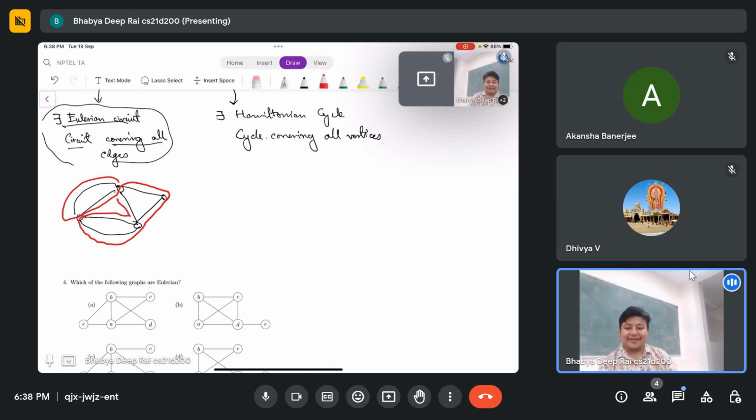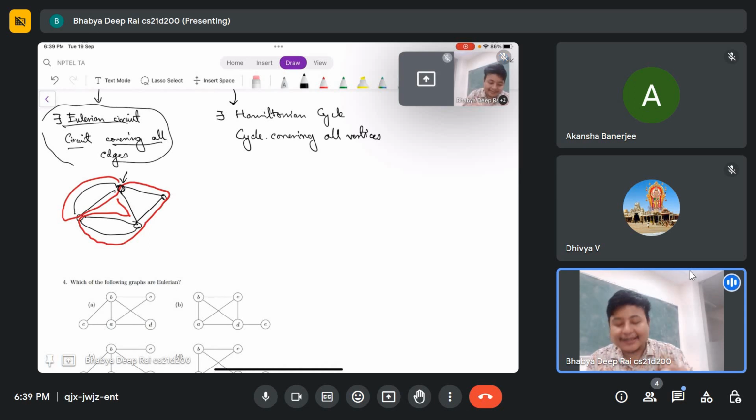What I mean here is that, starting at a vertex, and this is my start vertex that I've chosen, though it could be any vertex, there exists a path where I can traverse each and every edge and come back to the vertex where I started.